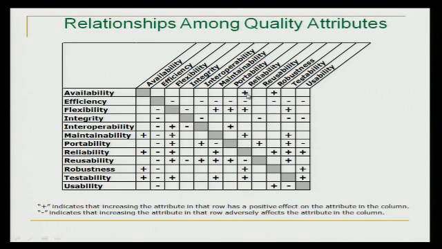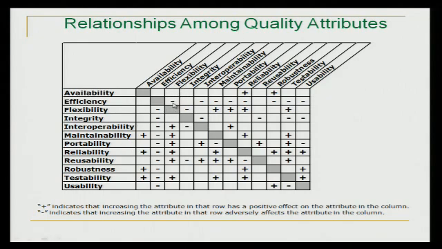So for example, if I had reliability as a key non-functional requirement, well, that would also help availability. Okay? A system that's very reliable is also very available. Same with robustness. If it's very robust, it would also generally lead to high availability. And then there's some negatives.